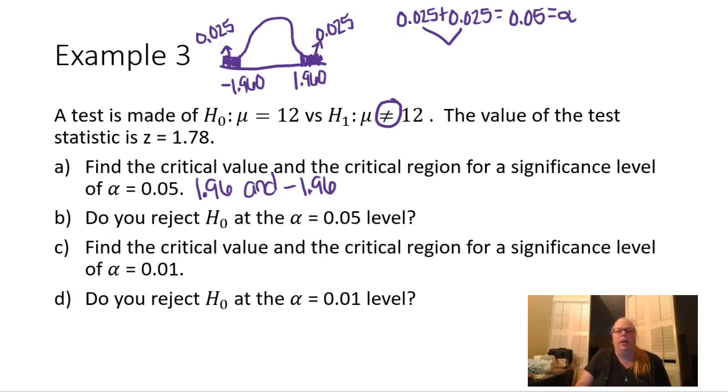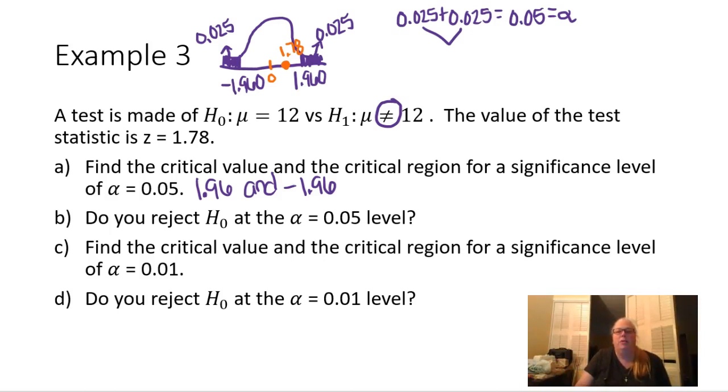1.78, okay, that's going to be definitely to the right of negative 1.96 because it's greater than. And in fact, if we put the mean 0 right here in the middle, it's going to be right here, more than 0. 1.9, well, I think 1.78 should be about right in here. It's going to be more than 0, but it's going to be less than the 1.96.